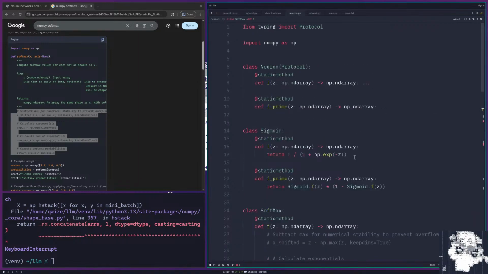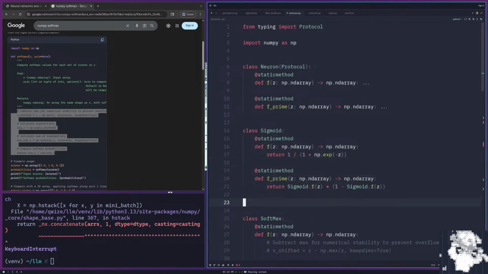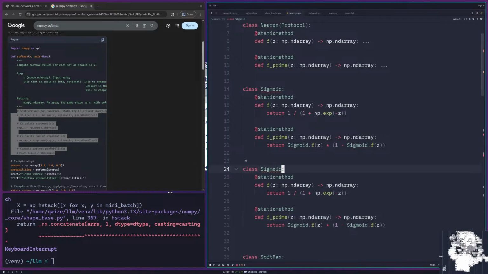Okay, and then one other weird thing. Sigmoid cross entropy output is going to be this.